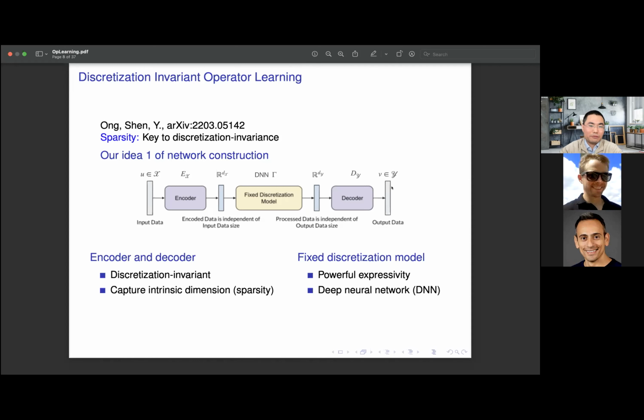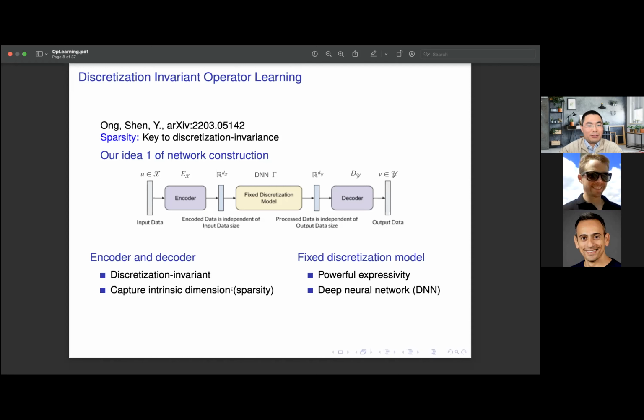Probably we can have a finite dimensional truncation to reduce it to some easier to learn low dimensional problem, if the problem itself has some low dimensional structure or low complexity structure. So if we have this structure, then we want to have some data-driven encoder and decoder that can capture this structure to maintain good accuracy in the learning.